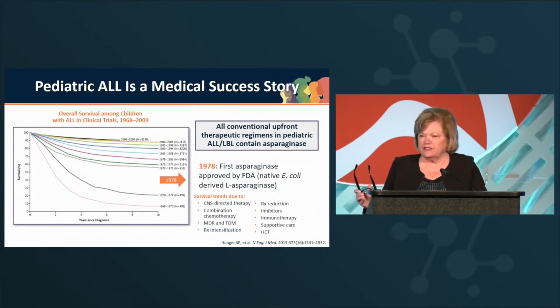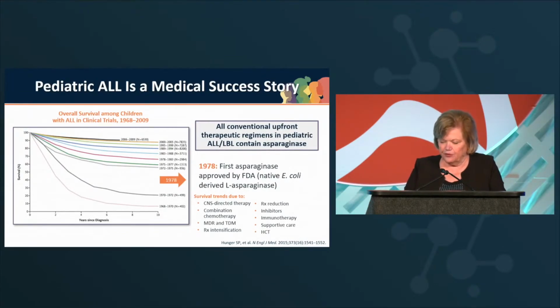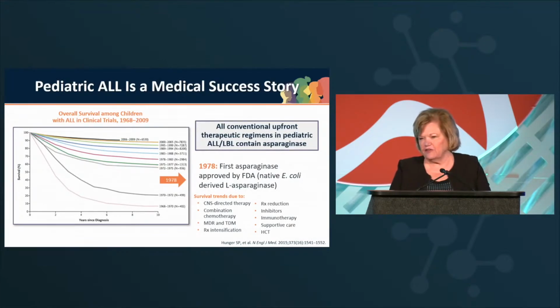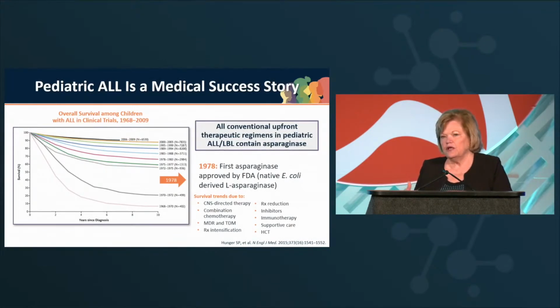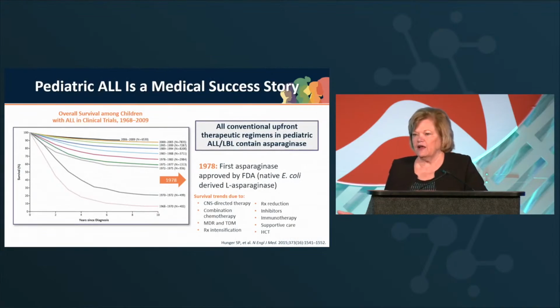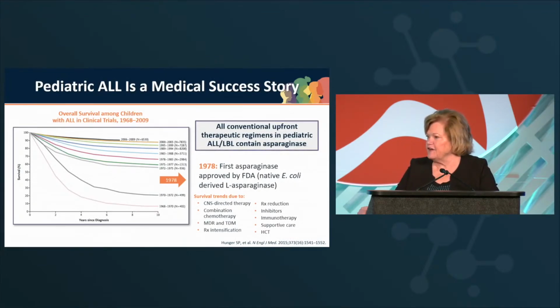What's so different when you think about the approval of asparaginase in 1978 compared to approval of medications now, we really are on an FDA fast track with medications. Medications can be found to have efficacy, and we are getting a much quicker turnaround in that approval process.